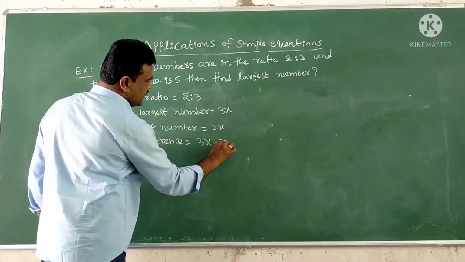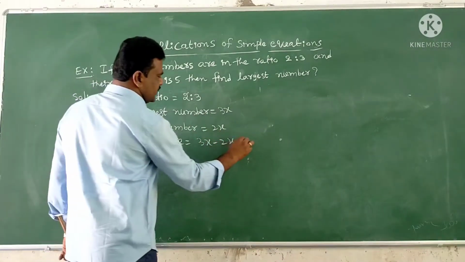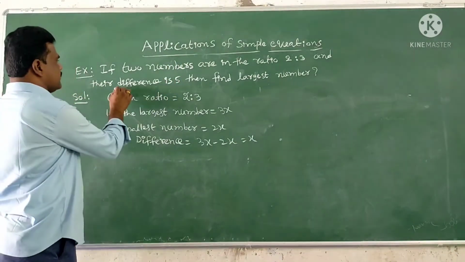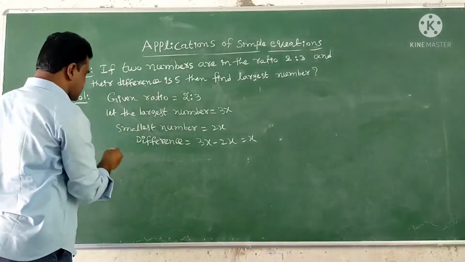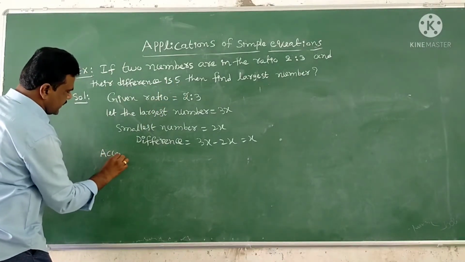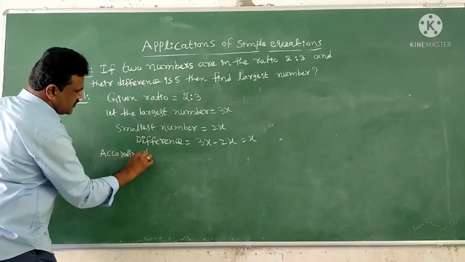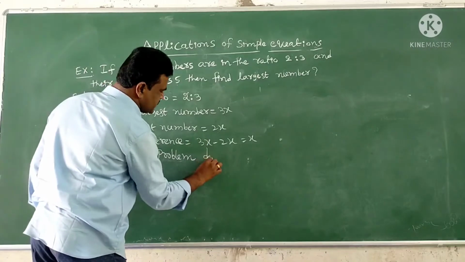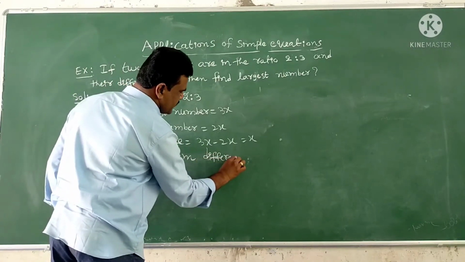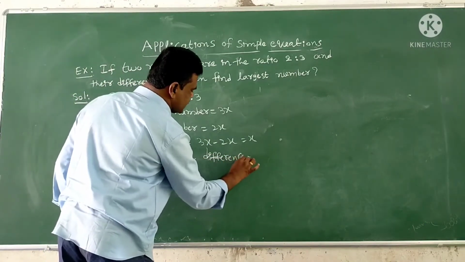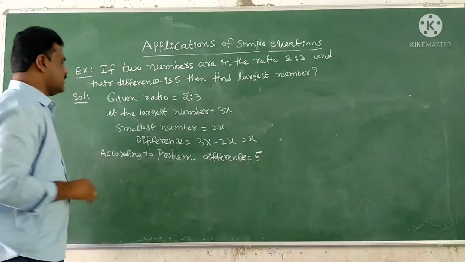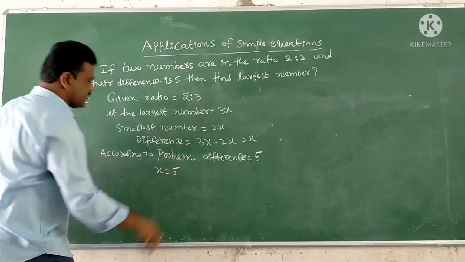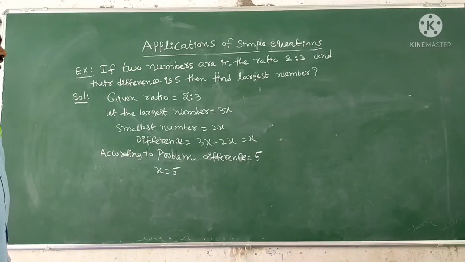So 3x minus 2x, we get x. What is the difference from the problem? Difference is 5. So according to the problem, difference is equal to 5. Therefore, x is equal to 5. We have to find the largest number.